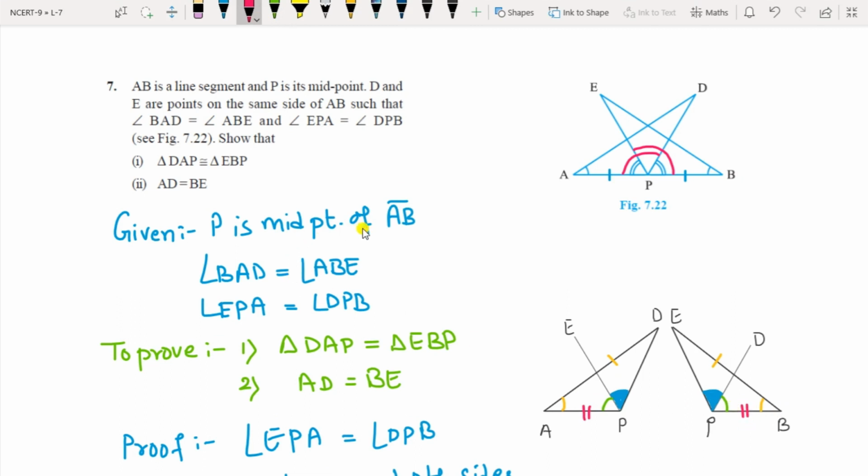And angle BAD is equal to angle ABE, that is this angle and this angle of the triangles are equal, that I have shown in yellow color here. And angle EPA that I have shown in green here is equal to angle DPB, this one.